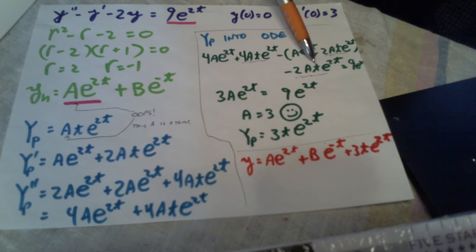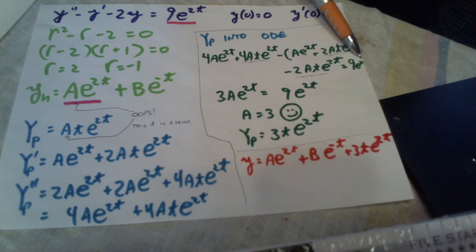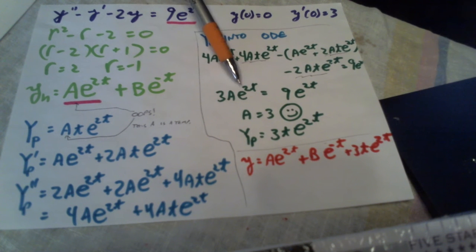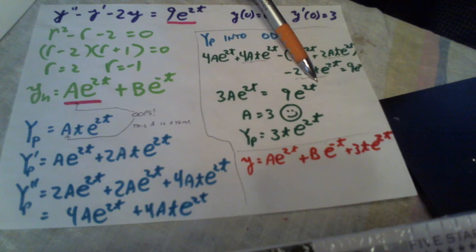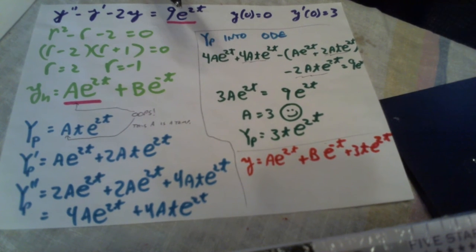The t e to the 2t pieces happen to cancel out, which is what's supposed to happen, because I'm supposed to get a 9e to the 2t equals a times some other stuff, e to the 2t. And I do. I get a 3a e to the 2t equals 9 e to the 2t. I'm very happy. A turned out to be an integer, which means I'm probably on the right track.